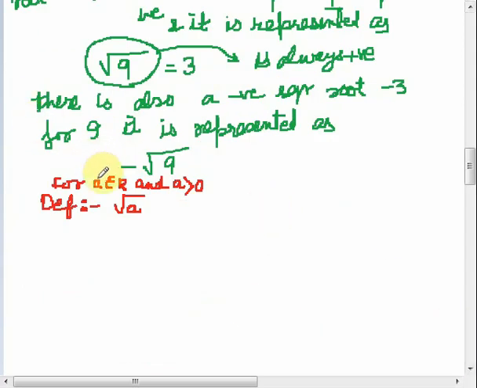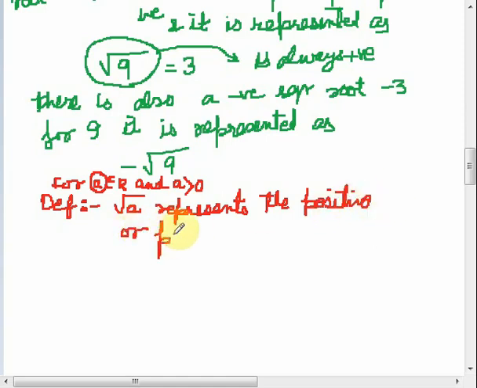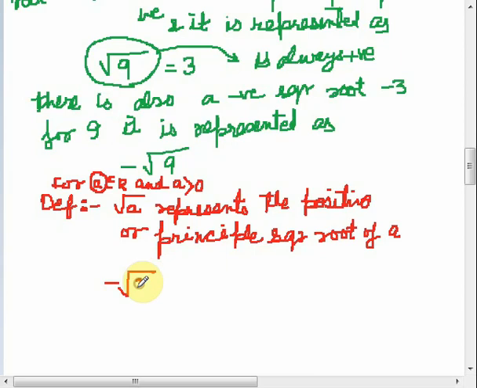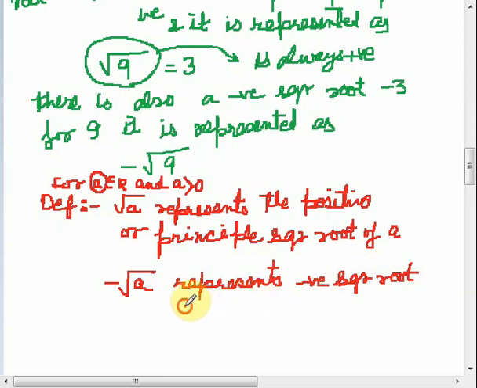For a belonging to the positive real numbers, root a represents the positive or principal square root of a, and minus root a represents the negative square root of a.